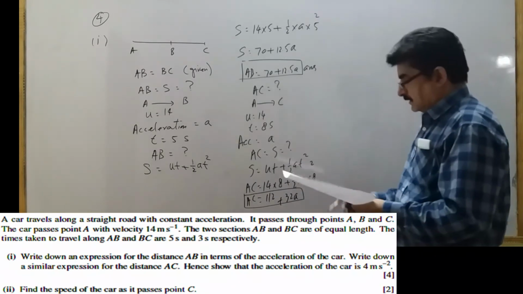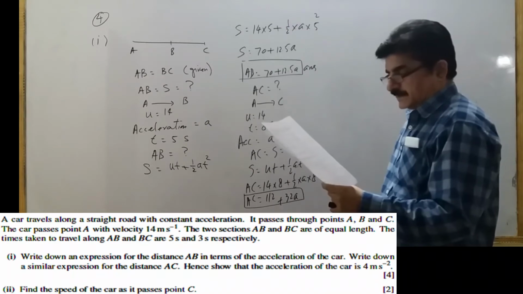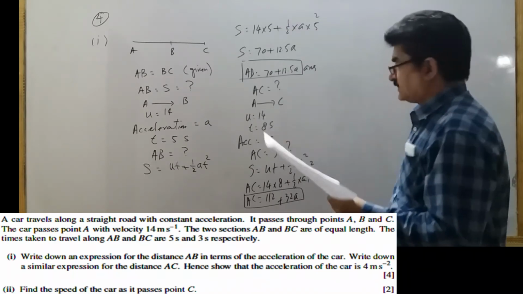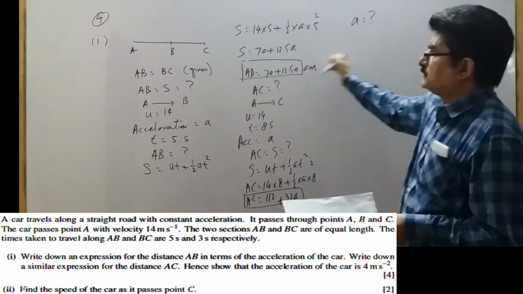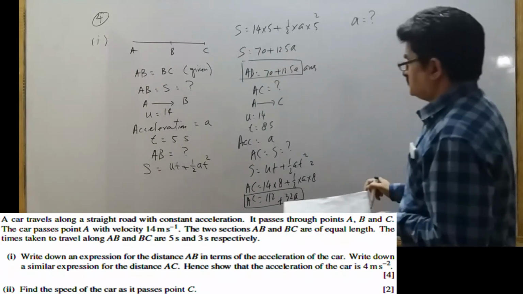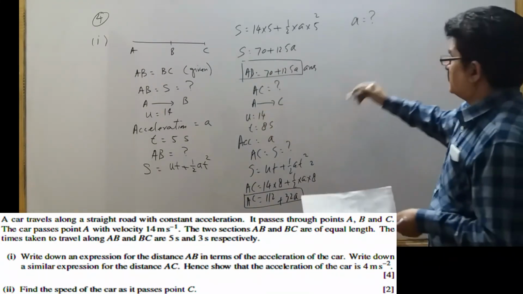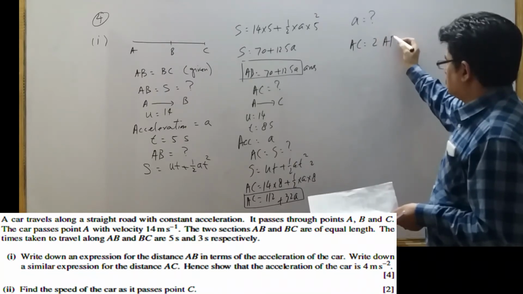Now he says that find the acceleration. Show that acceleration is 4. We are going to find a. Now we use this information that the distance AB is equal to BC. We have an expression for AB. So you can write AC is equal to 2AB.